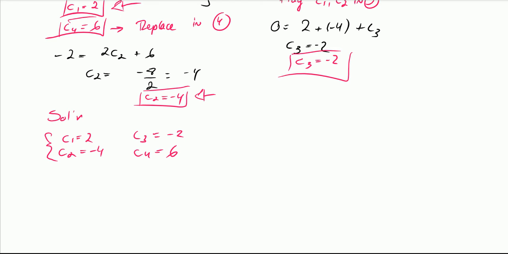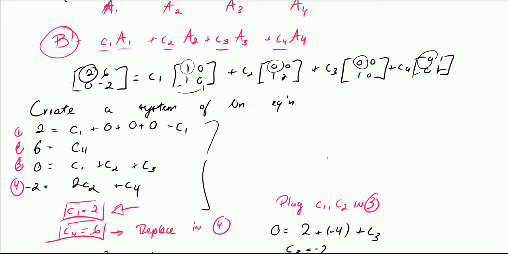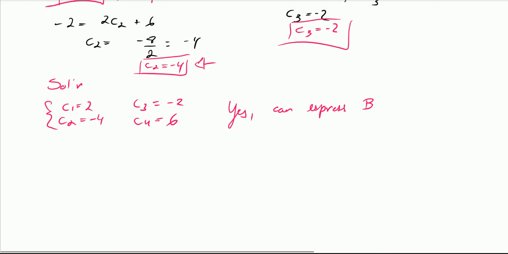So that means that, yes, I can express my matrix B in terms of A1, A2, A3, A4.